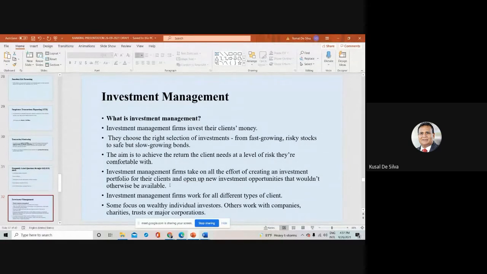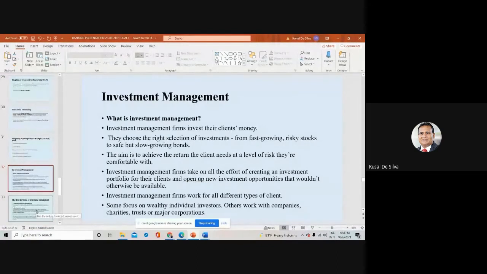So that is the expert advice they expect from the investment management firms. Investment management firms work for all different types of clients. They have wealthy individuals. They work with companies, charities, trusts, and major corporations. So these are the main functions of investment management companies.